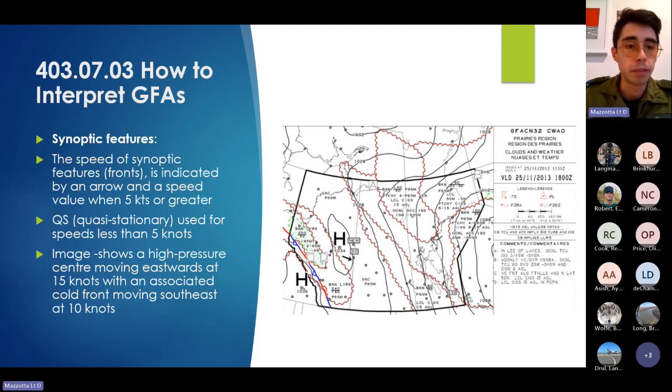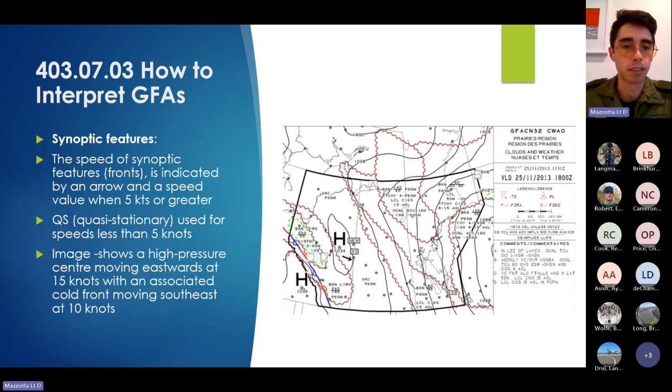So for the synoptic features, like I said, you'll either see an H for a high pressure system or an L for a low pressure system. They'll include the speed and an arrow with the direction that it's moving. And as you look at the different GFAs throughout the day, you'll see the front move and where it is every 6 to 12 hours.